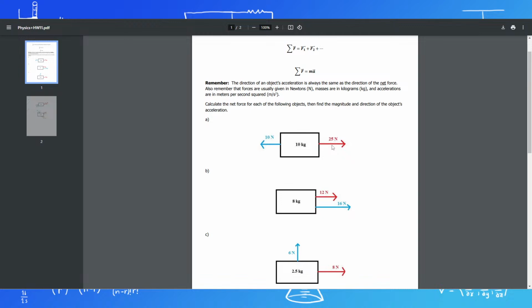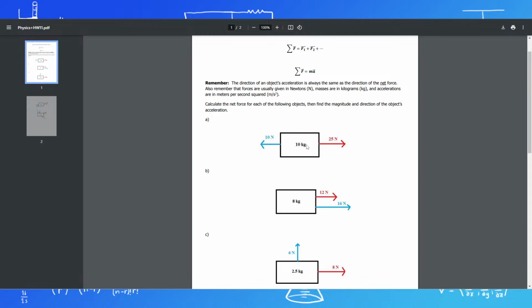You would say that net force of 15 newtons is equal to 10 kilograms times the acceleration that this box would end up having. So if I divide both sides by the 10 kilograms, 15 over 10 is 1.5. This object is going to have an acceleration of 1.5 meters per second squared to the right.